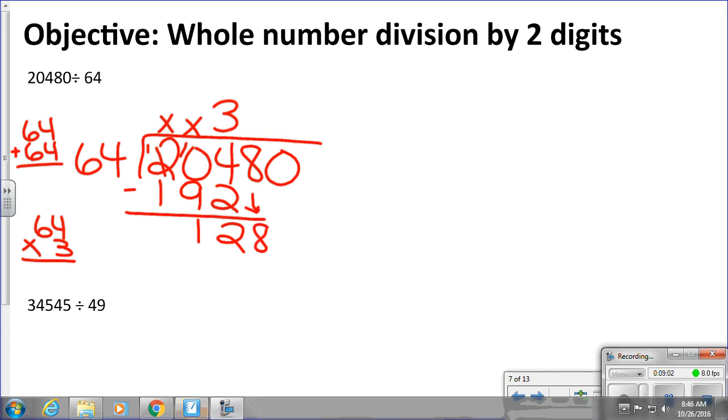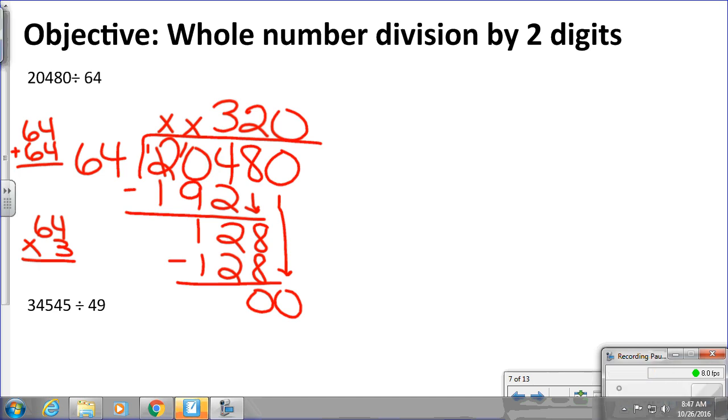Bringing down the 8, 64 into 128 happens twice. But you're not done because you have 1 extra 0 here. And even though 64 doesn't go into 0, you need that placeholder 0. That's extremely important. So the answer was not 32 here. It's 320.